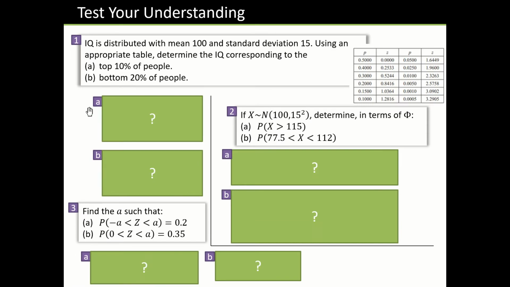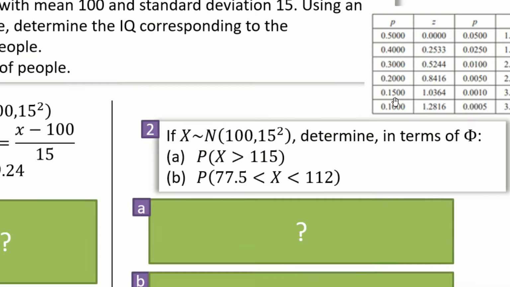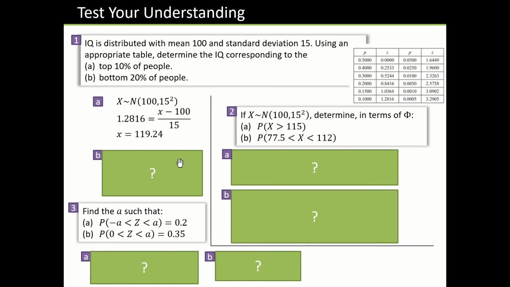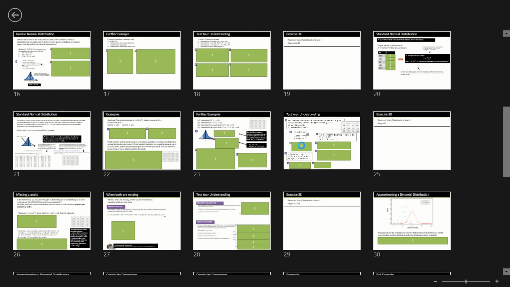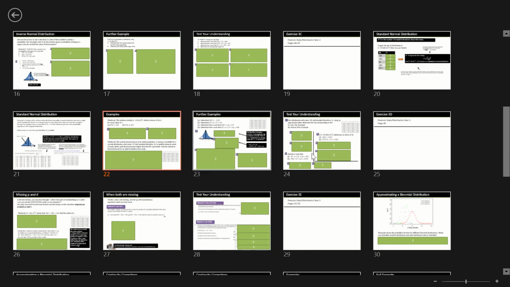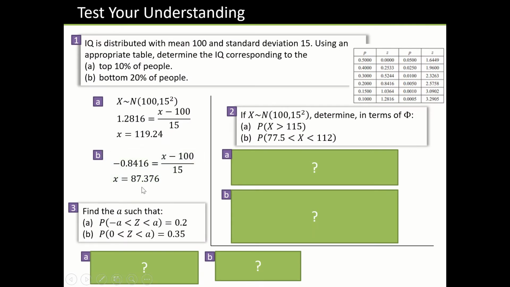That allows us to set the equation equal to it and solve for X. We're going to do the same thing, but this time the bottom 20% means I'll look at the top 20% and, due to symmetry, take the negative of it and solve for X.